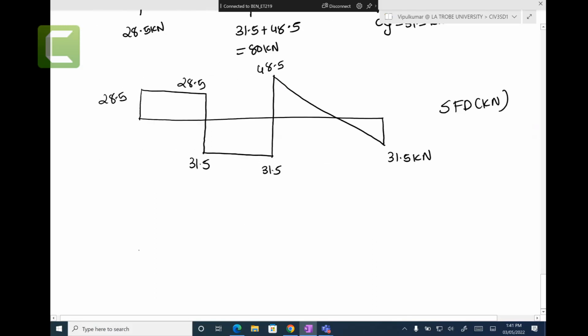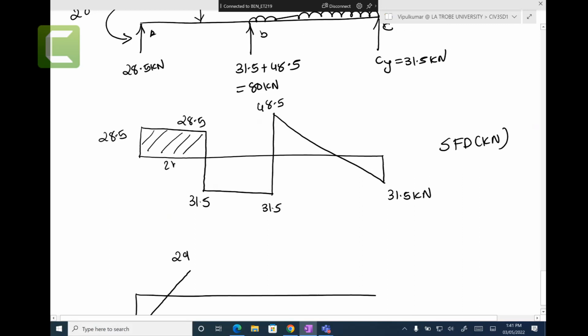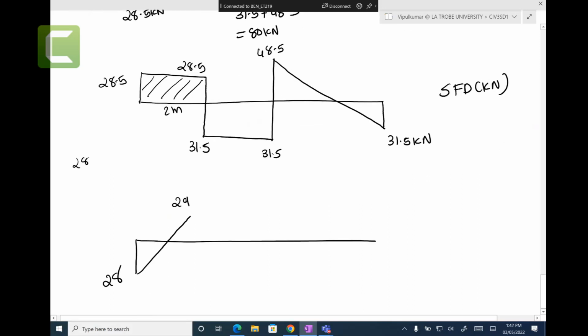Bending moment diagram. You can start with 28, then you can go up to 29. You know these rules. 28.5 times 2 meters, I think, will give you 57.